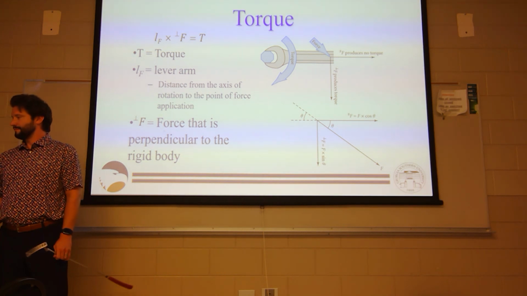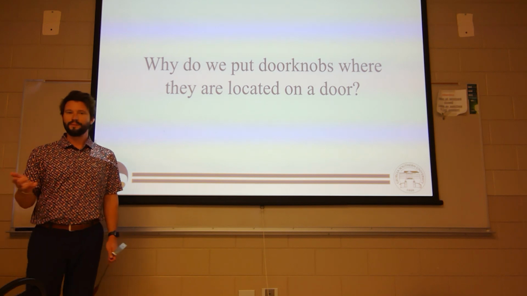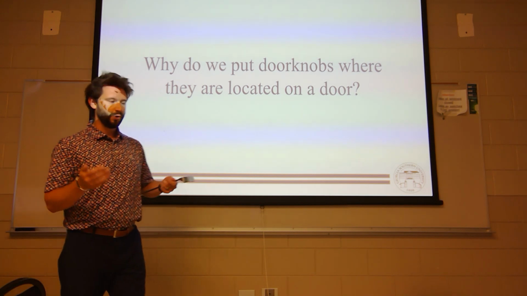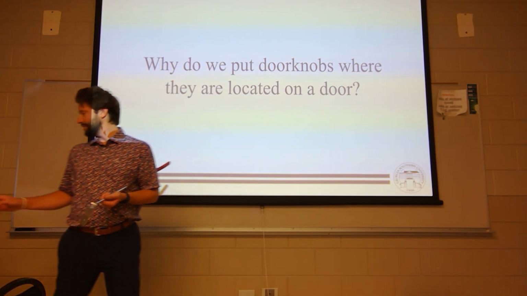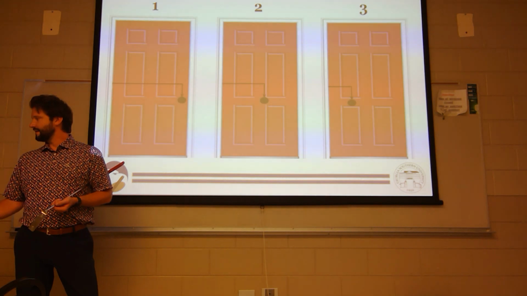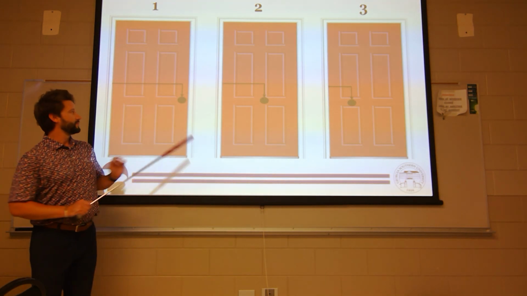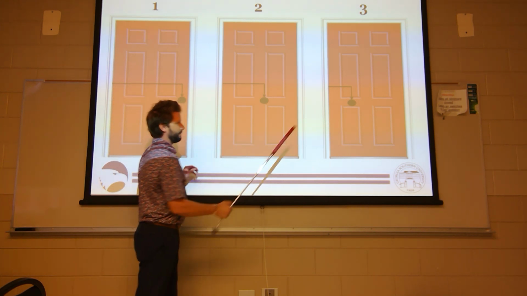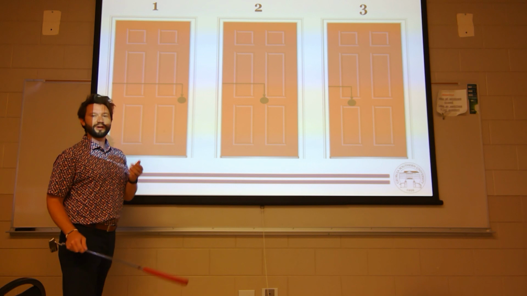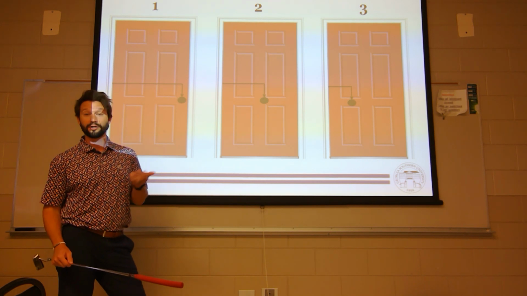The one I like to use the most is doorknobs. Why do they get put where they do? When we talk about this, we've got 3 examples: door number 1, door number 2, and door number 3. Where's the axis of rotation on a door?